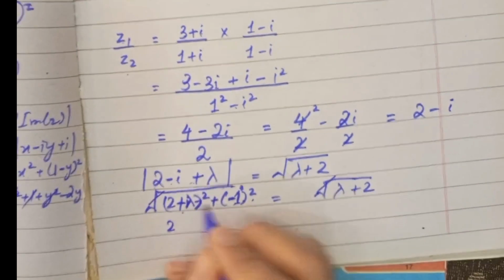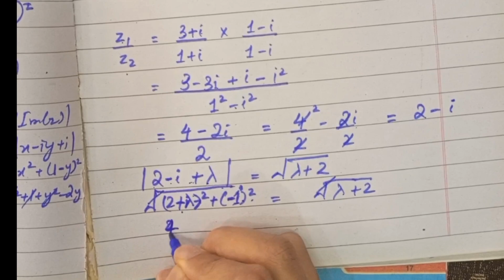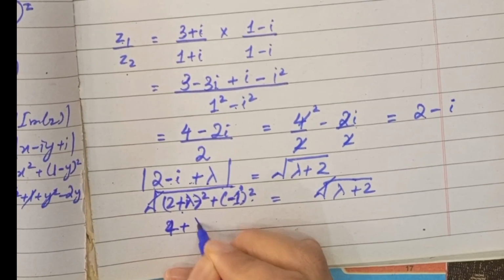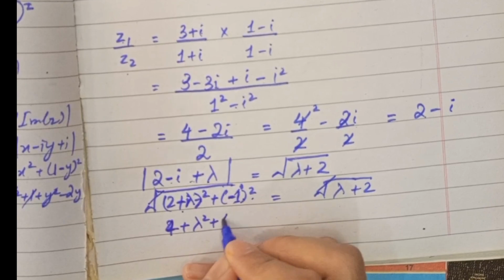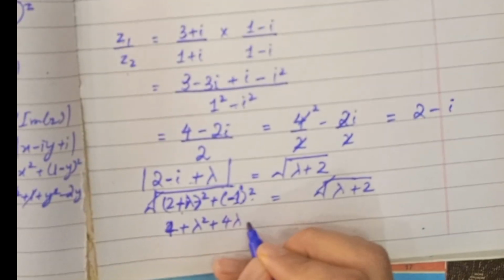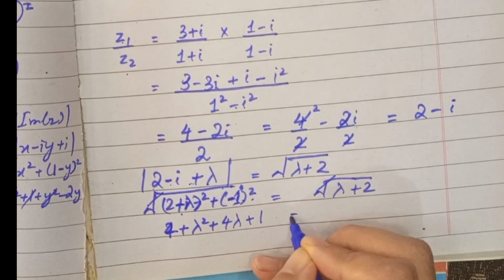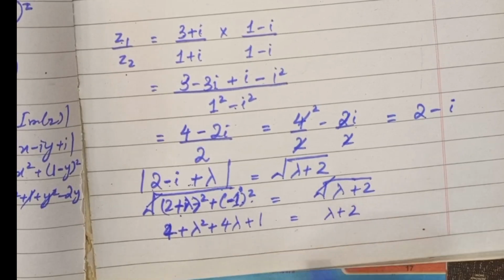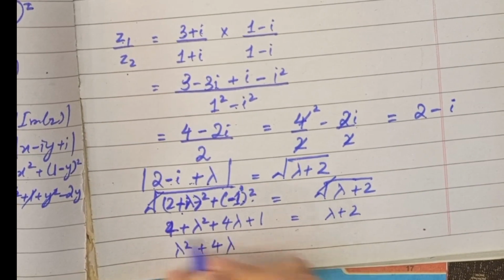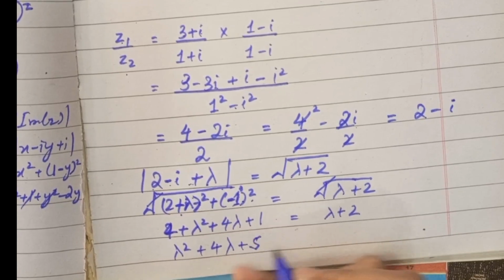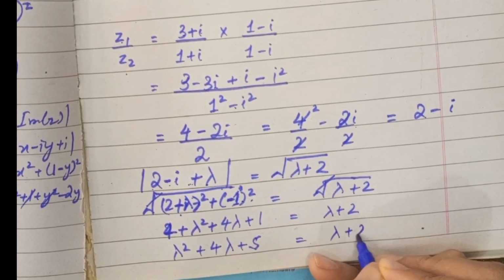To open the square, 2² + λ² + 2ab. Instead of 2ab we will write 4λ. (−1)² is +1. Now λ² + 4λ, 4 + 1 is 5, equals λ + 2.